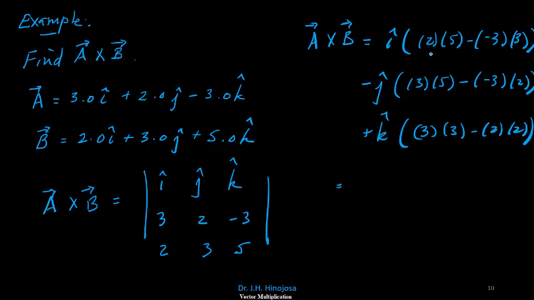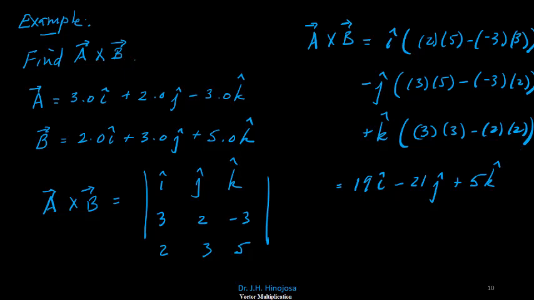So putting it all together, we have 10 minus minus 9, that's 19i. And then we have 3 times 5, 15, minus minus 6, but that's 21, minus 21j, and then we have plus 3 times 3, 9, minus 2 times 2, 4. 9 minus 4, that's 5k.